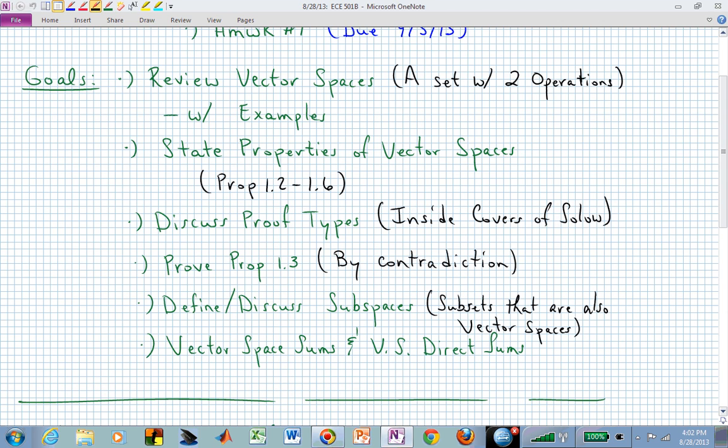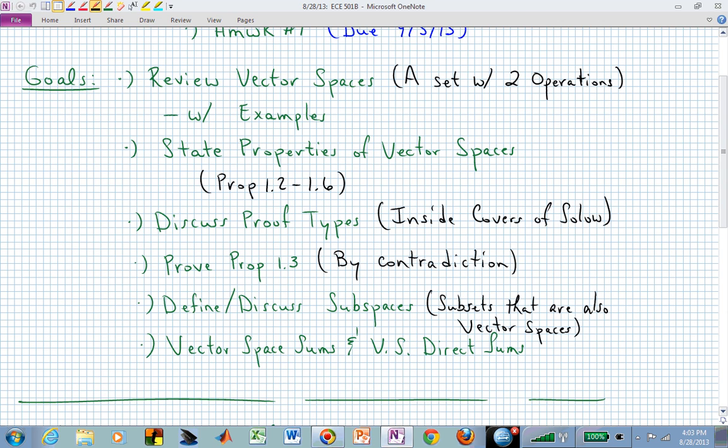Then we will state the properties that are listed in the textbook as propositions 1.2 through 1.6, just so that we've seen them, what they look like and what they somewhat mean. We won't go into them very much. They are proven in the book, and you'll want to look at those proofs.